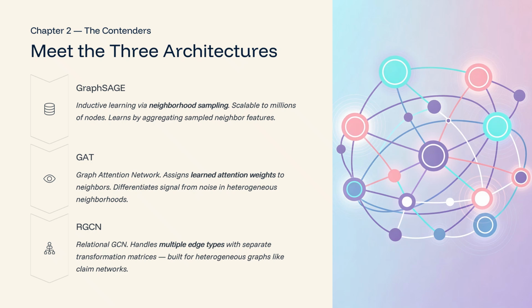I will learn which ones I trust. And RGCN, the relational graph convolutional network, says not all edges are equal. I will learn a different transformation for each relationship type. Those three philosophies produce measurably different performance profiles on fraud data. Let's go deep on each one.